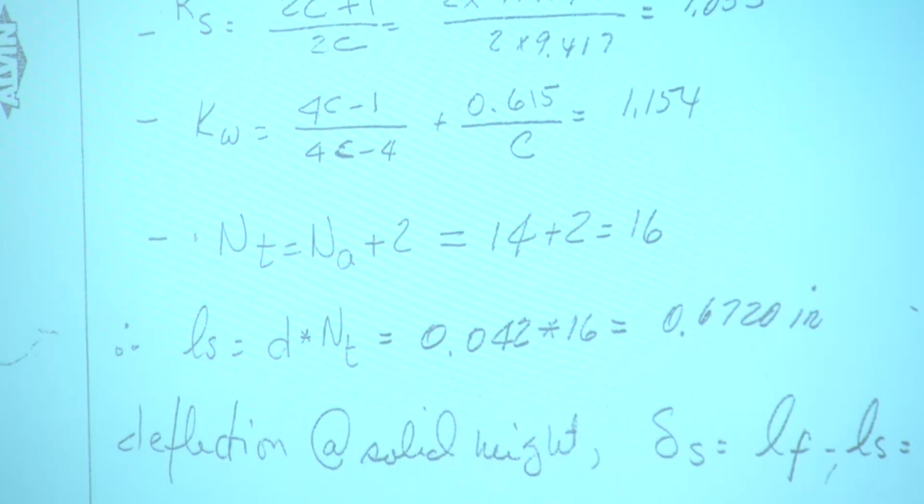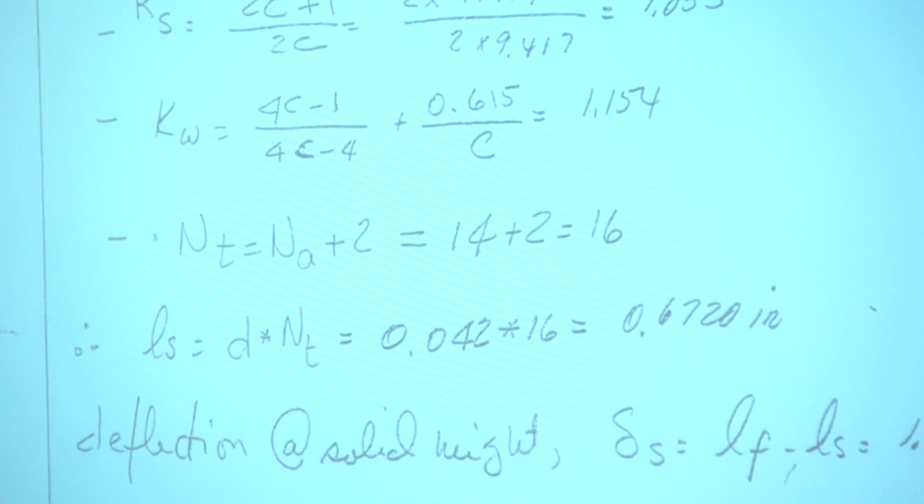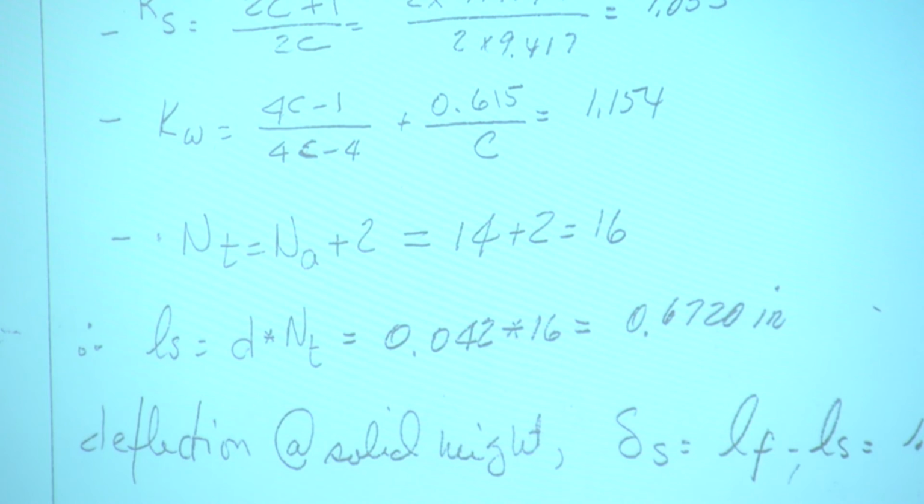Now, to find the solid height, you can refer to the table that's in your book, and it requires a little bit of calculation, bringing in the pitch and whatnot. However, I believe that you'll be close enough by just saying the solid length is equal to the total number of coils multiplied by one wire diameter.